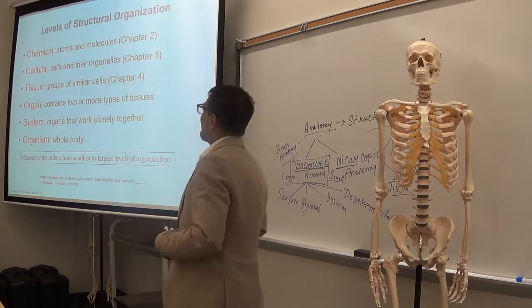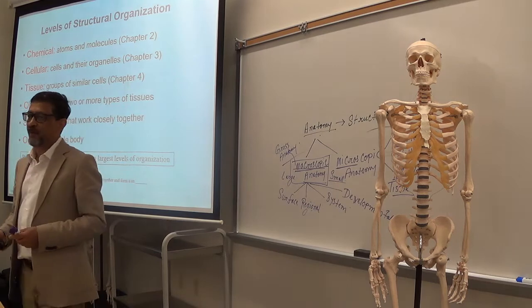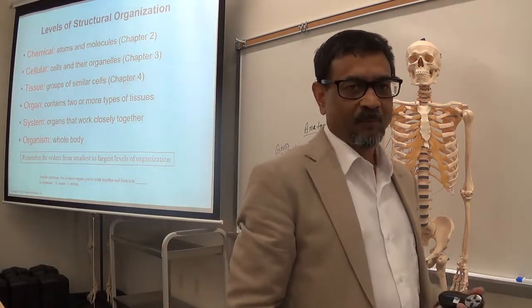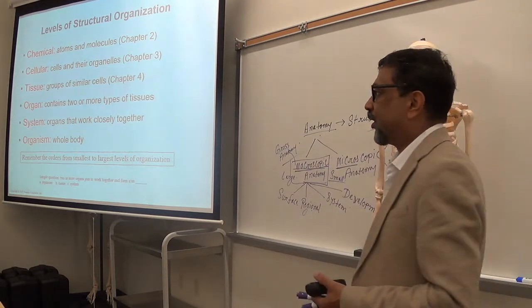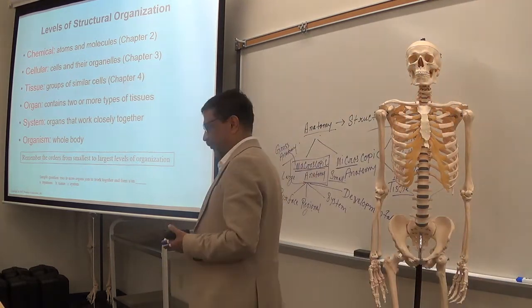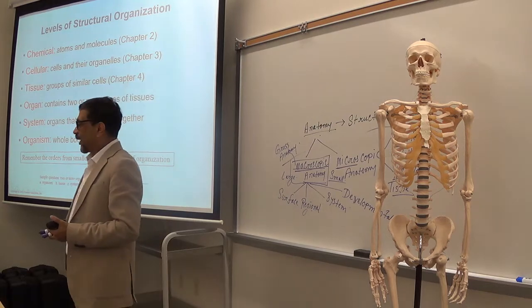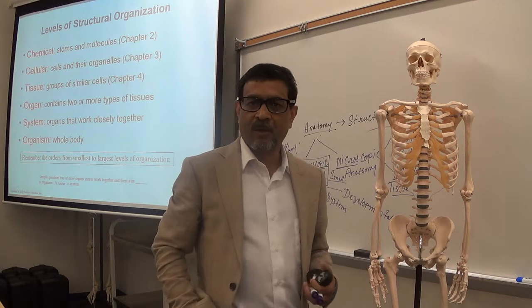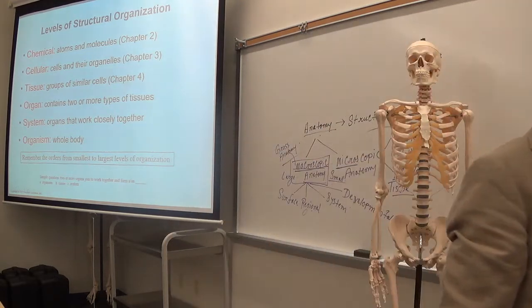Now, different levels of organization. Smallest is the chemical, which includes atoms and molecules. Then, one step higher or larger is the cellular.